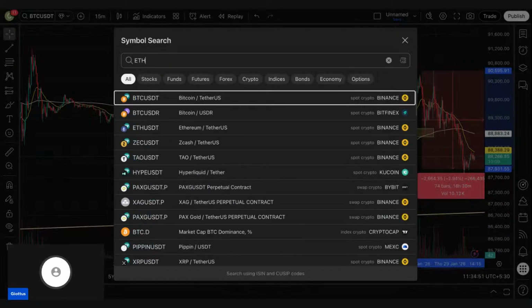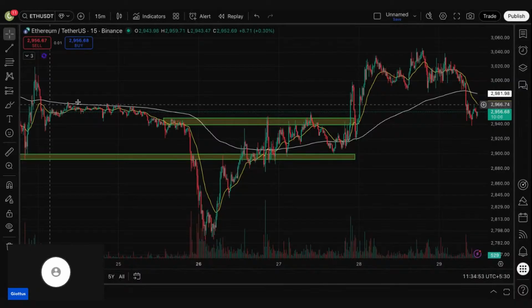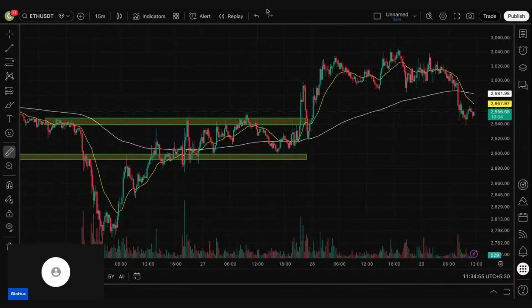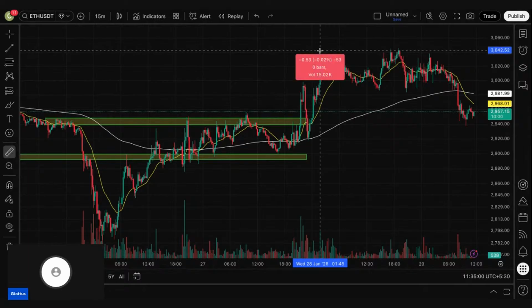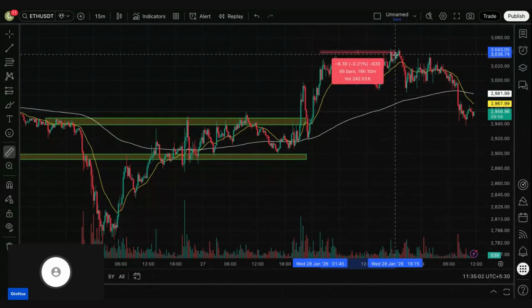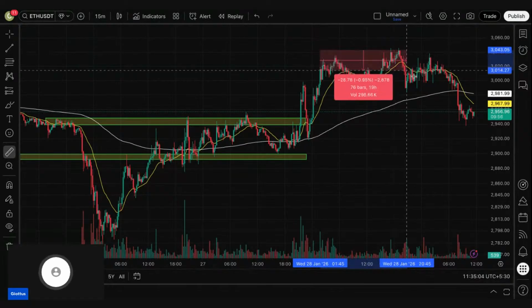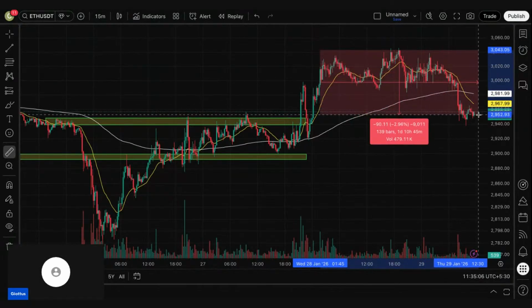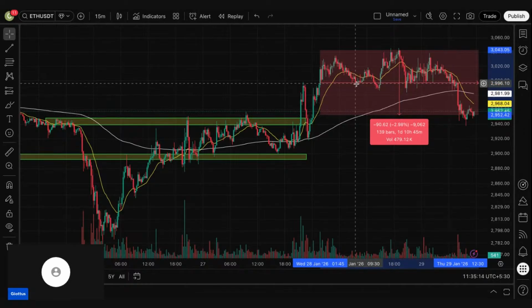So let's come to Ethereum. Same problem with Ethereum. Ethereum almost created a high of 3,040 yesterday evening. But again, we saw a correction from that particular zone towards 2950, right?